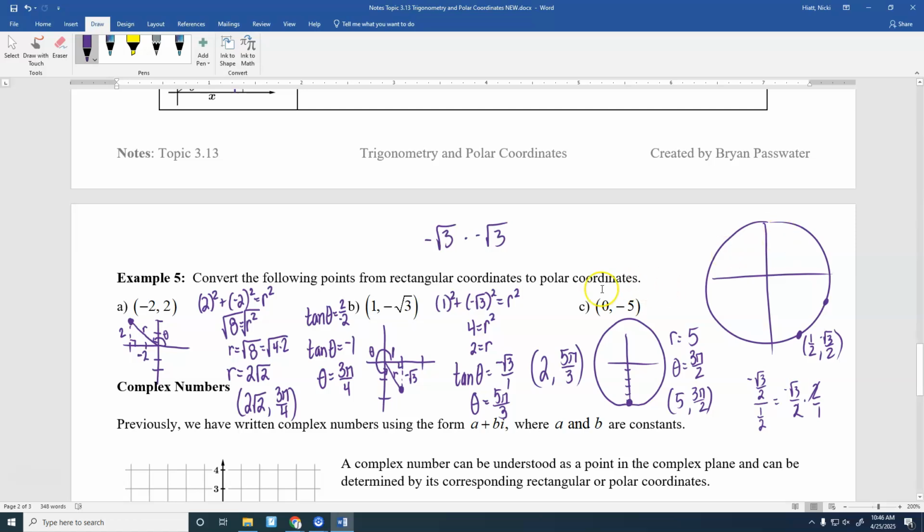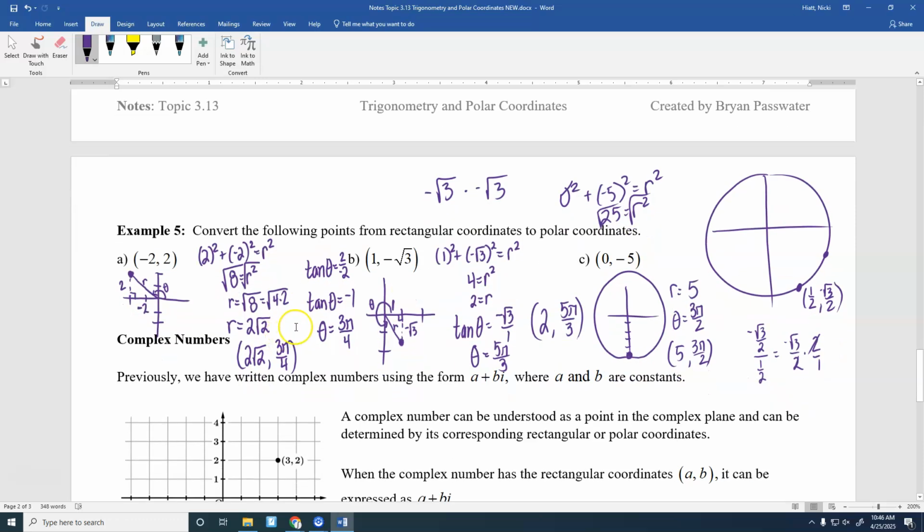Is finding the radius for any of these polar coordinates always the Pythagorean theorem? Yes. You could even do the Pythagorean theorem with the one that we just did, even though it kind of doesn't make sense because it's not a triangle. But if you do it, 0 squared plus -5 squared equals your radius squared, so 25 equals your radius squared, and you square root both sides. So it'll even work when it's not really a triangle.